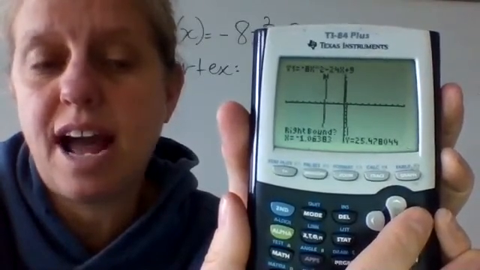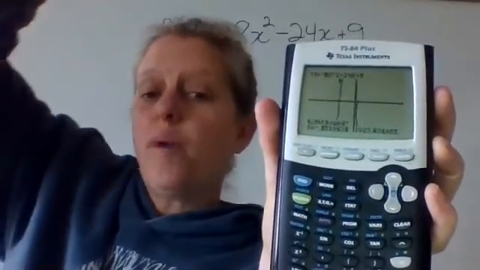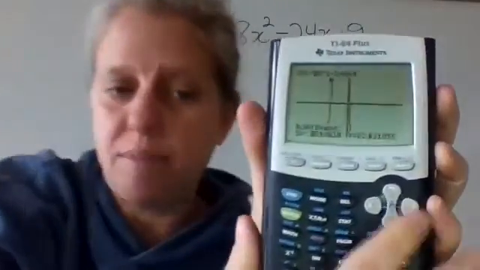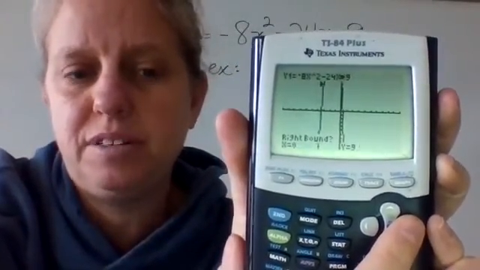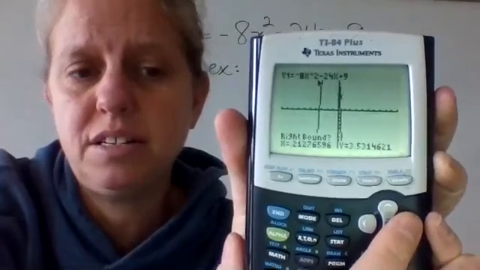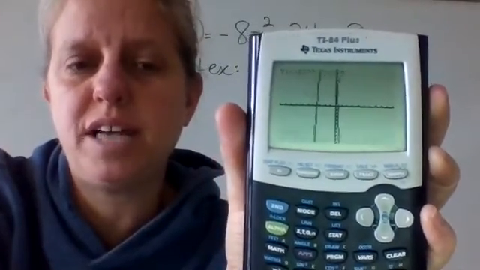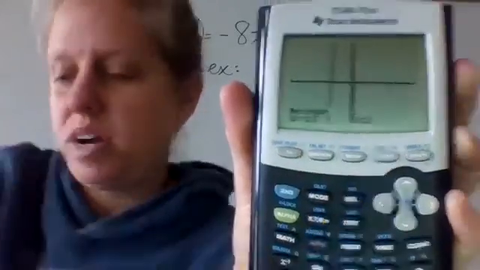But now look at it. Now it's coming down. That means it has gone all the way up to the top, passed through it, and now it's starting to come down. So you should see it here soon since it's coming down. So there it is. Hit enter again, twice. So here's my vertex, negative 1.5, 27.